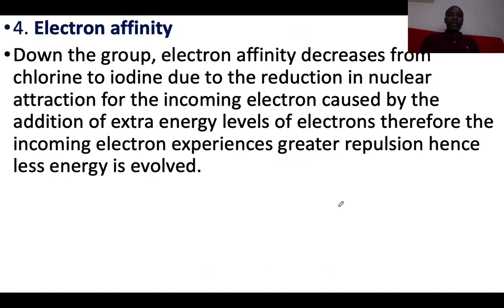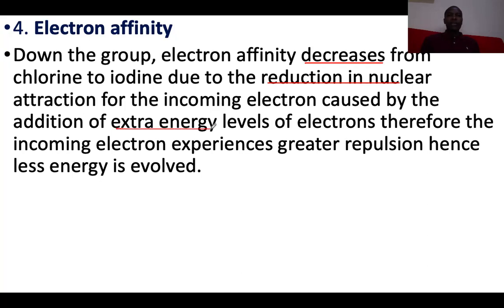Let's look at electron affinity. Down the group, electron affinity, we've agreed, decreases from chlorine in particular to iodine due to reduction in the nuclear attraction for the incoming electrons, caused by the addition of an extra shell.